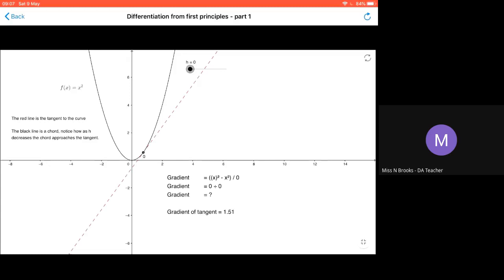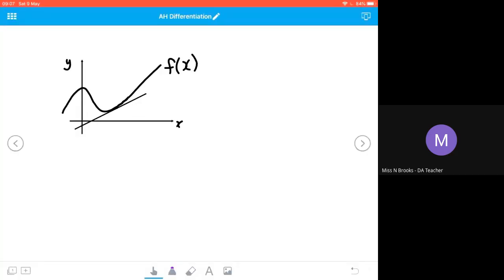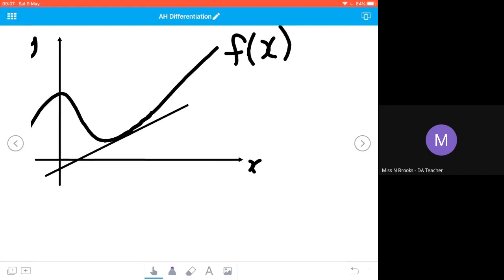So let's look at this from a mathematical standpoint. Right, so let's zoom in on that picture of this particular curve, and I'm going to mark 2 points. So I've got my gradient at my tangent drawn in, and I'm going to consider 2 points that are a distance of h apart. So this is going to be x, and this is going to be x plus h. So they're h units apart.